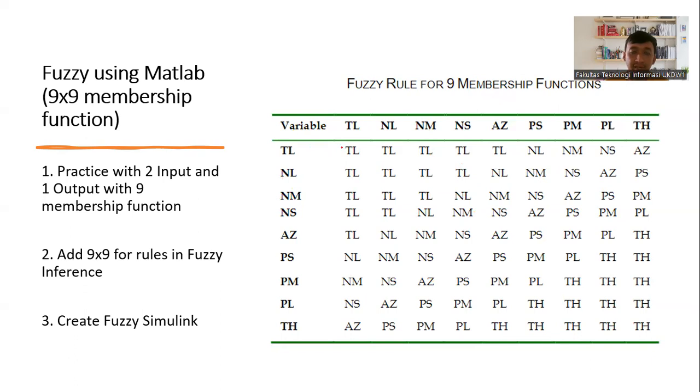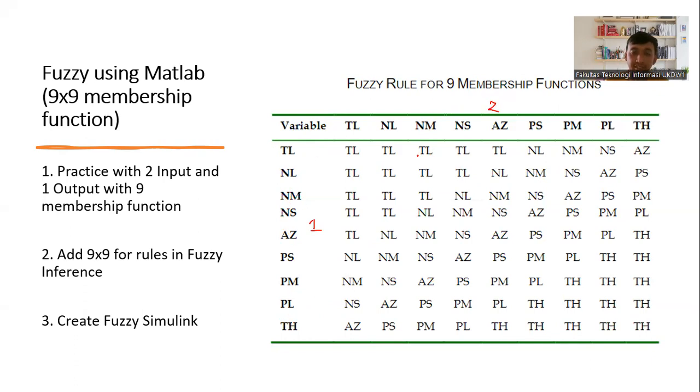For the membership functions, we have 9: TL, NL, NM, NS, EZ, PS, PM, PL, TH. This is for the first input, and this is for the second input.